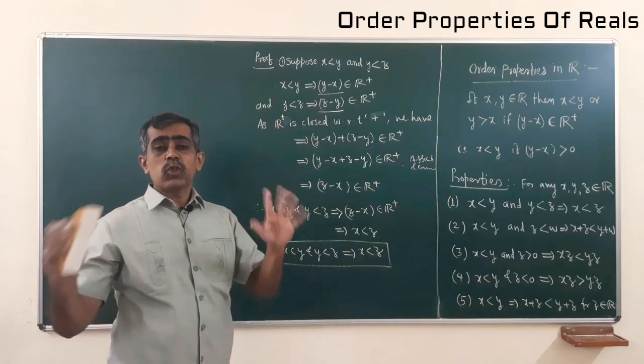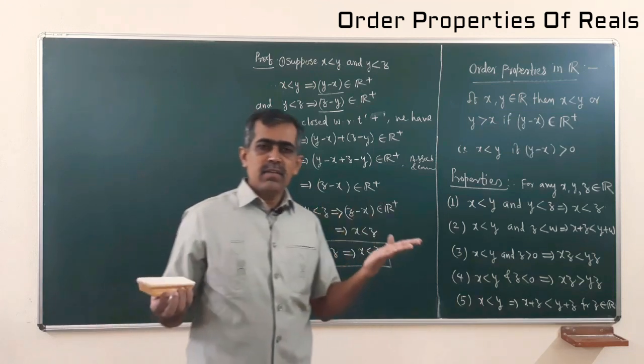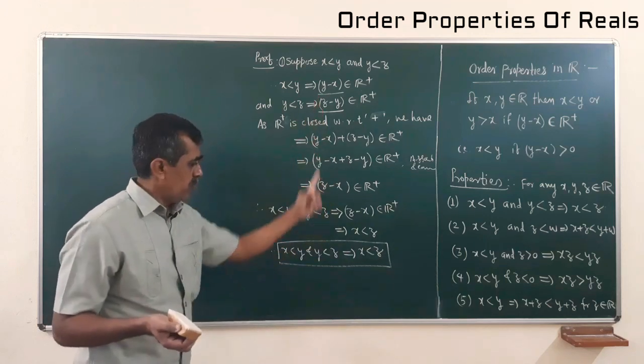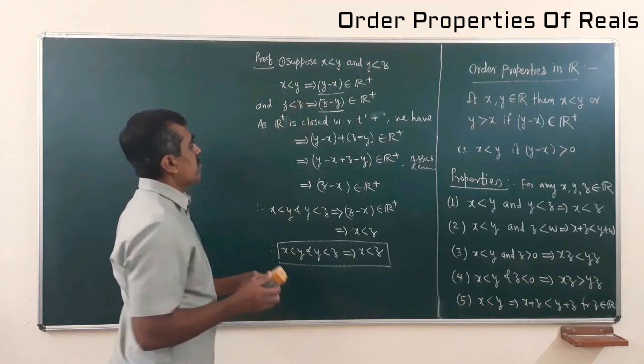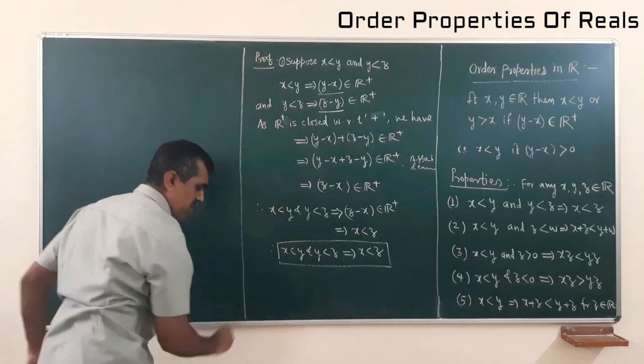Up till now we were assuming that if A less than B and B less than C, then A is less than C. But how is it so? It is because of this proof, this justification for what you have learned.